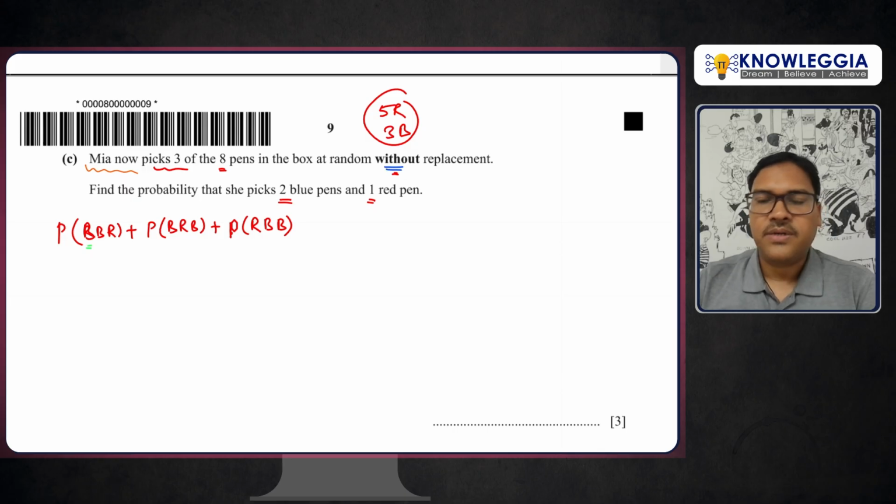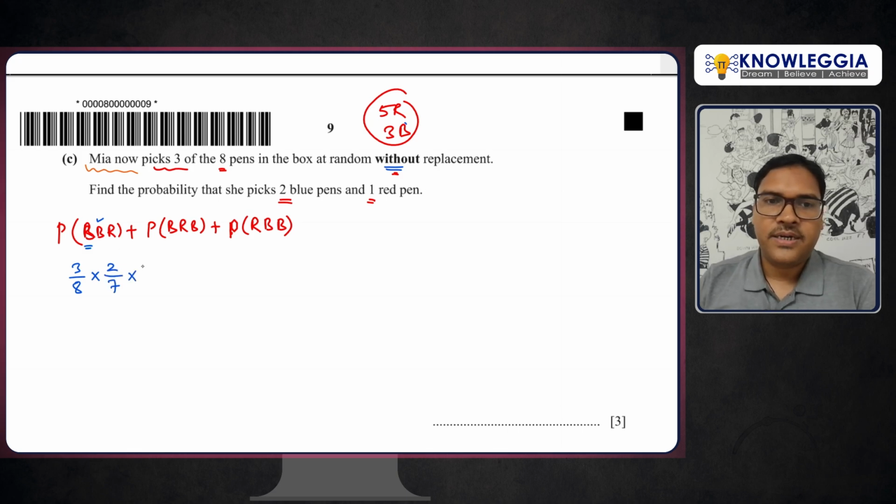This is without replacement. So let's start. What is the probability of first blue? If I take first blue, what is the probability? This is 3 by 8. Right? Now she is not replacing it. So what is the number of blue pens in the box now? There will be 2 out of 7, because this is without replacement.